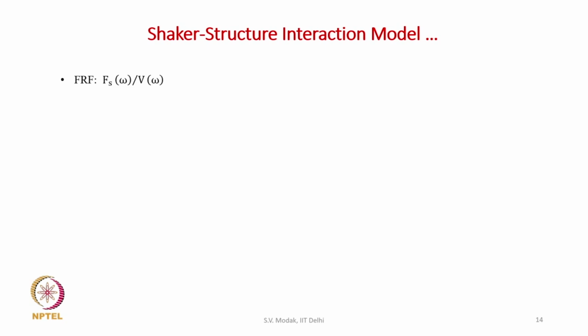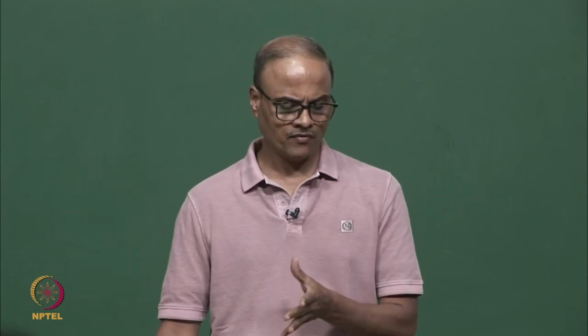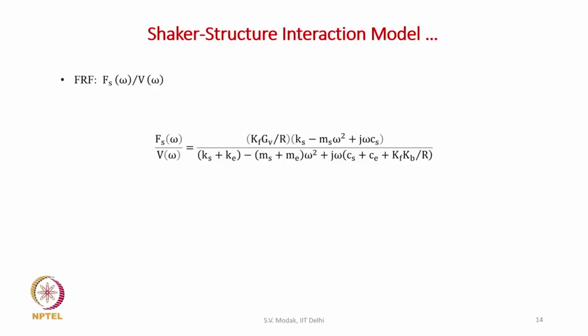Also, let us study what is the FRF Fs upon V, meaning if V is the input voltage to the shaker structure system, and Fs is the force shared by the structure, what is the FRF Fs upon V. So, if you again use the equations we presented earlier, then this FRF expression comes out to be this, and what we note in this is that in the numerator we have this term Ks minus Ms omega square plus i omega Cs, right.